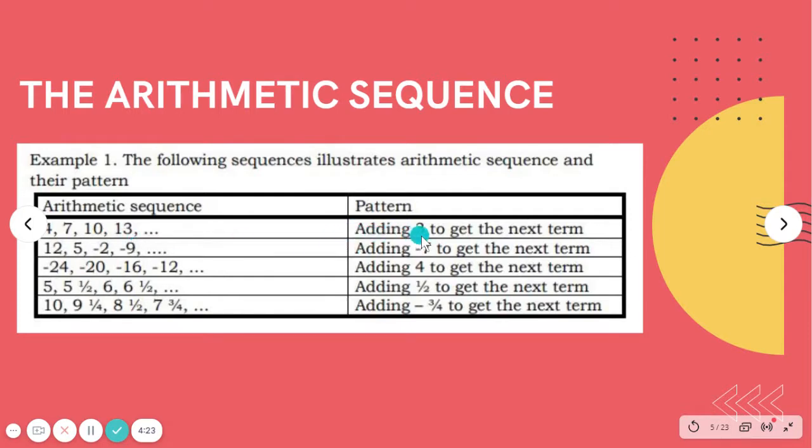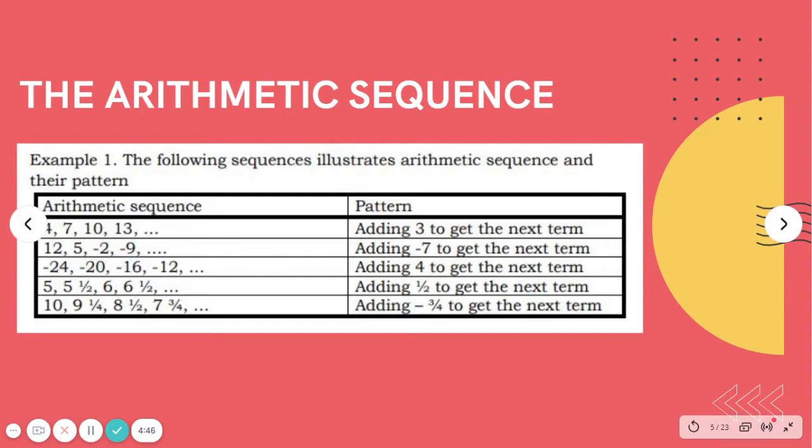So yung number or yung value na lagi nating ina-add doon sa ating arithmetic sequence, that is the common difference. So ang common difference, hindi lamang siya puro positive integer. Pwede rin siyang negative. Katulad nito, 12, 5, negative 2, negative 9.